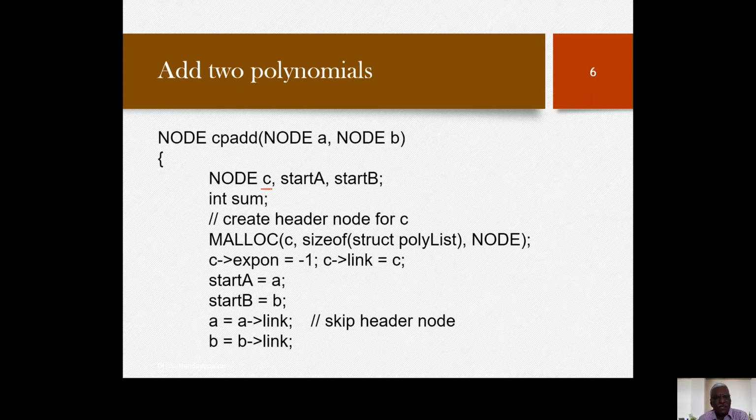So C is my resultant added polynomial, and start A is a pointer which points to the first one. Star B is another pointer variable, local pointer variable, which points to the second polynomial.